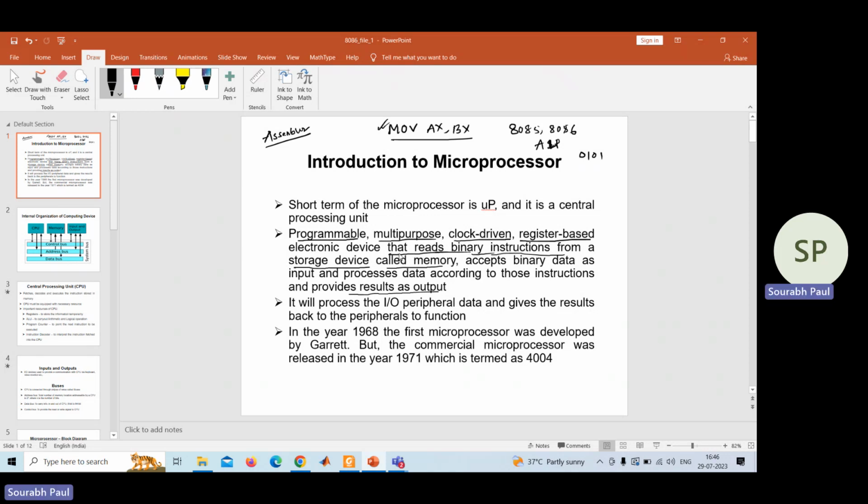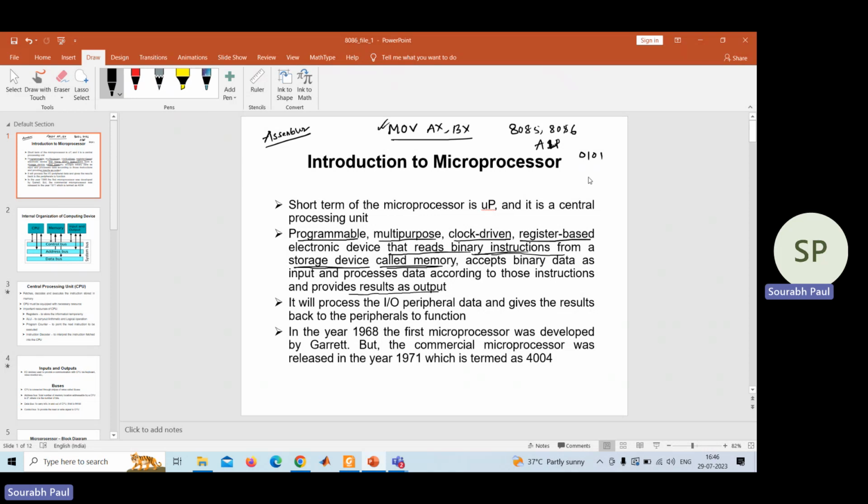And then the next point is written that it reads. It's a register-based electronic device that reads binary instructions, meaning whatever instructions are there will be stored in binary form in the processor memory, actually, whatever memory is given. So it reads the binary instruction from a storage device that is called memory.